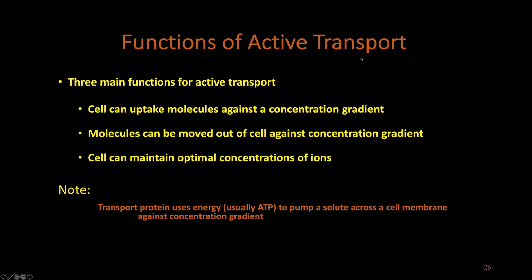But the functions of active transport, three main functions. Cells can take up molecules against a concentration gradient. So you have both uptake, and molecules can be moved out against a concentration gradient.